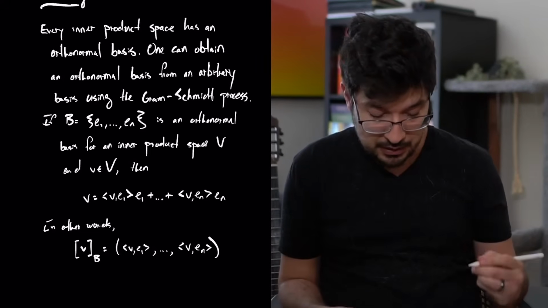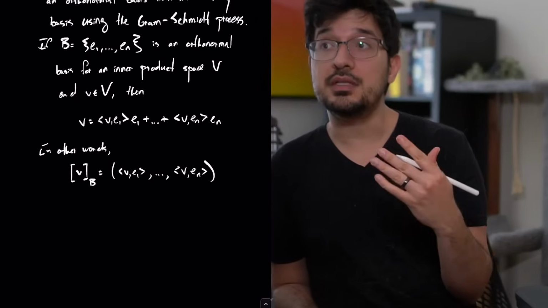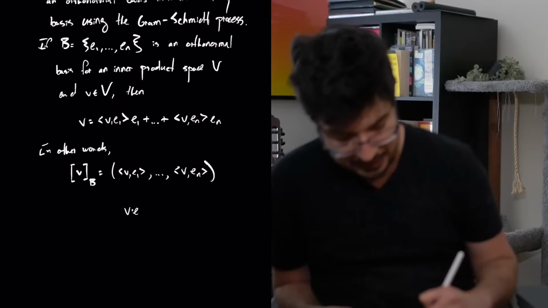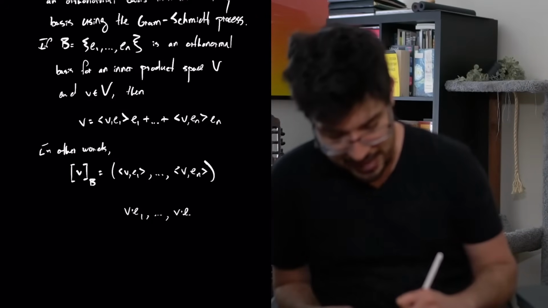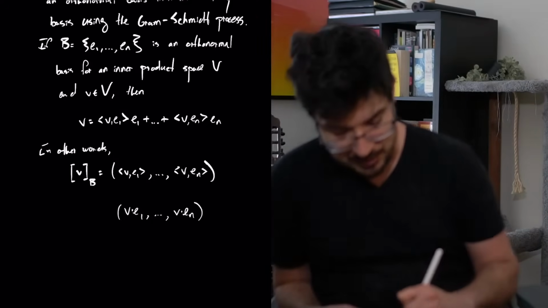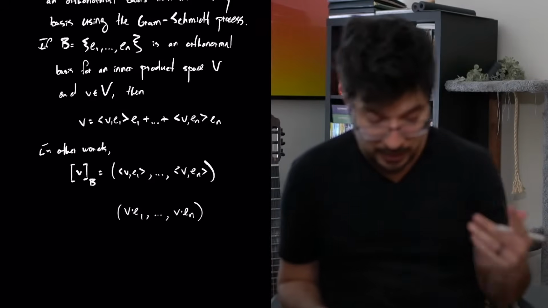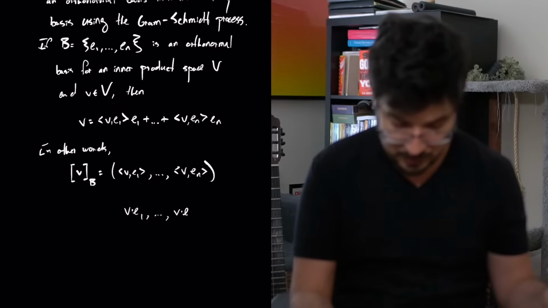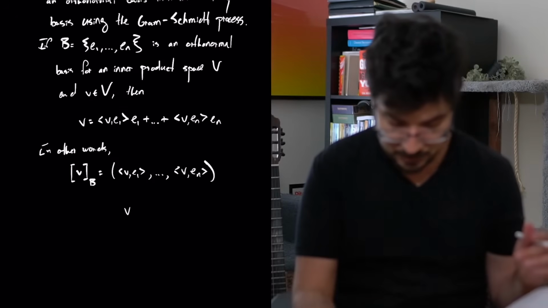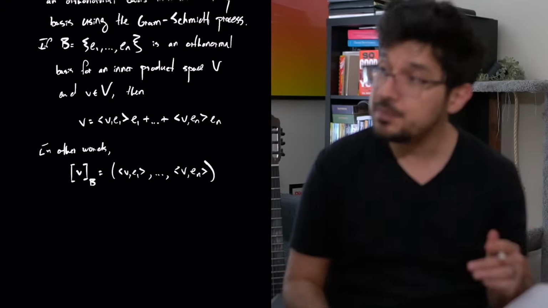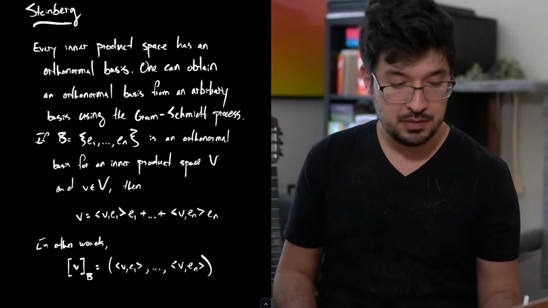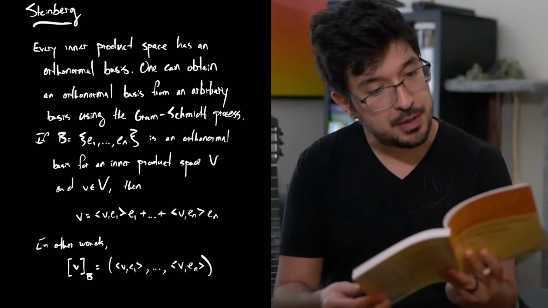So, in particular, if our inner product is the dot product, then this would be E1 dot V through En dot V. But the dot product is just one form of an inner product. So that's good to know. And then there we go. There's a little bit about the Gram-Schmidt process.